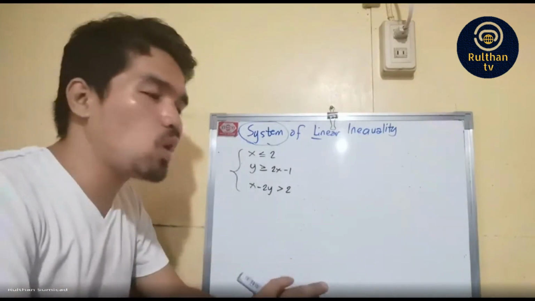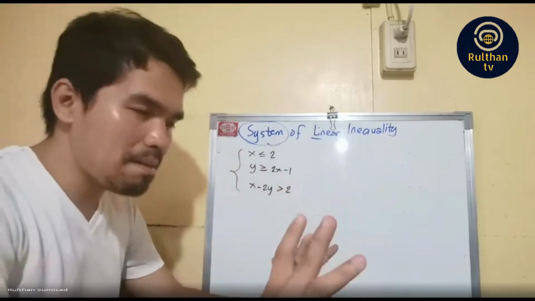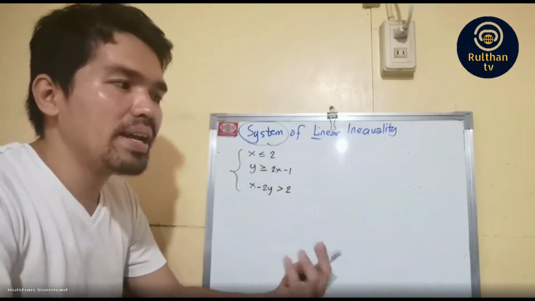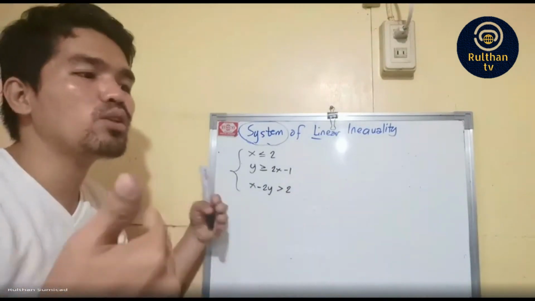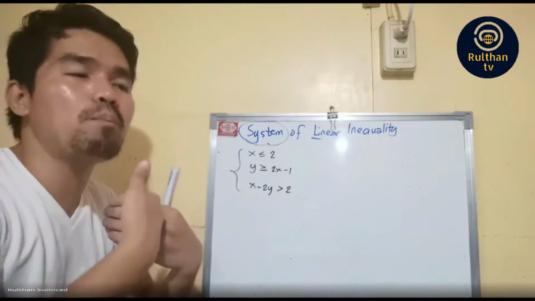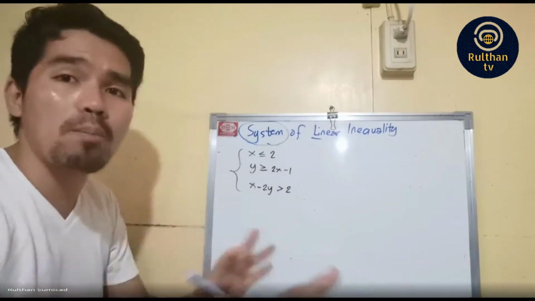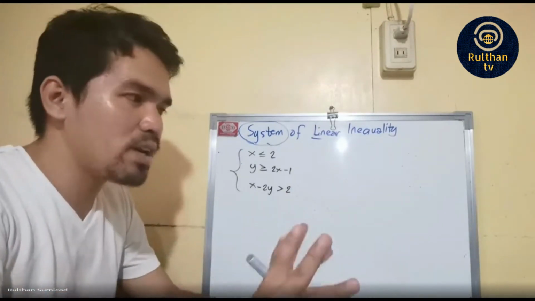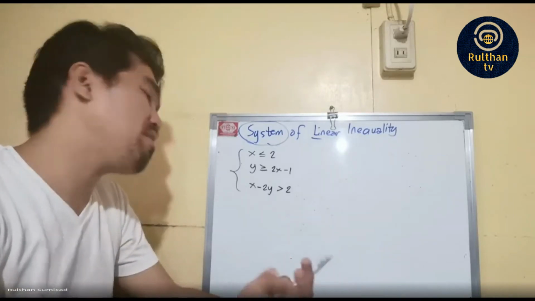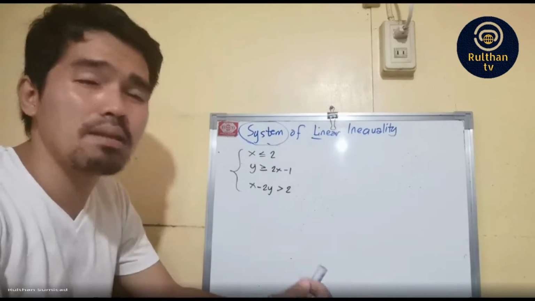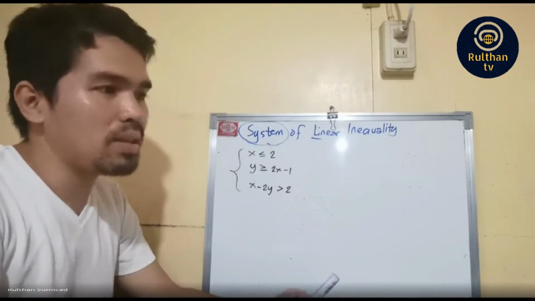That situation happens whenever you graph the system and the solutions repel. They're not moving towards the same direction, but towards opposite directions. So there's no way you're going to find any common section in your shaded region shared by all the inequalities. If that happens, it means the system doesn't have a solution at all.